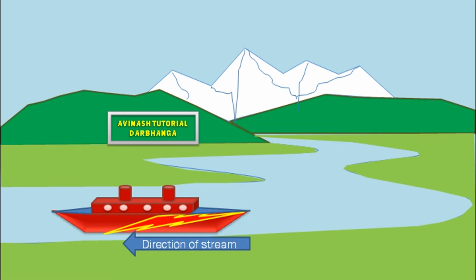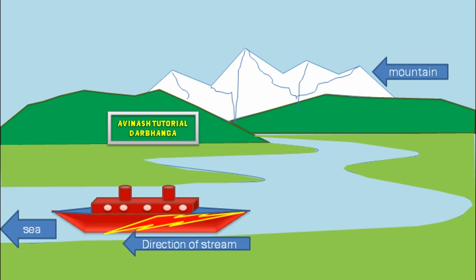In order to solve this question, we need to understand two things, that is upstream and downstream. So in order to make you understand, I have drawn this figure. In this figure you can see that there is a mountain. A river is flowing from the mountain and it is going into the sea.